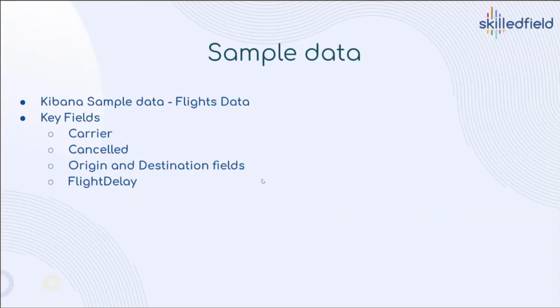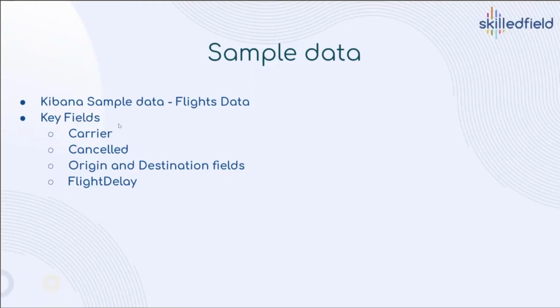Now, before going to the demo, I would like to briefly explain the sample data we have in hand for the demo. Sample data is flights data, which is provided by Elastic. Each document of the data represents a flight record, and it is for 4 of the airlines we have in flights data.